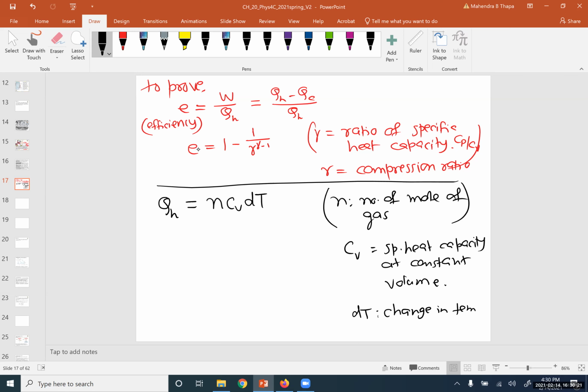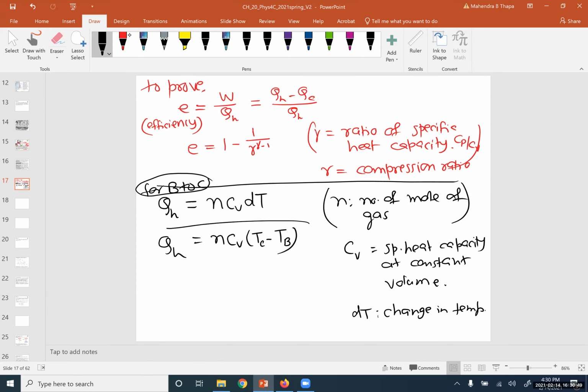This happens for B to C in the picture. So from the picture we can write n Cv, change in temperature will be temperature at point C minus temperature at point B. So this is the QH.